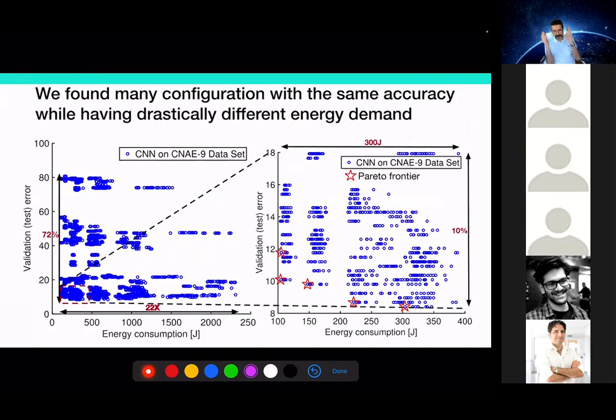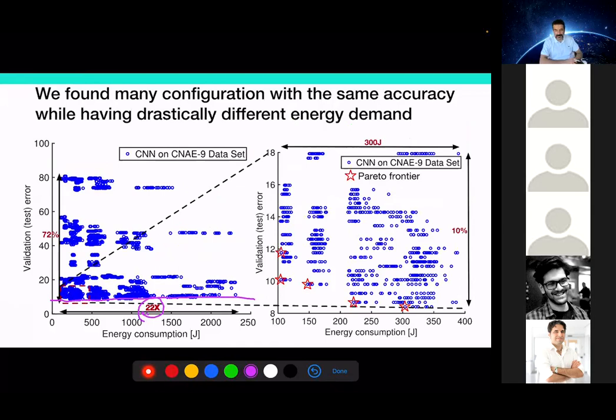And this is important for this type of system, again, to emphasize. For example, for deep neural networks, in this particular data set, we observed that we have a massive number of configurations that give us the same accuracy, but are massively different, up to 22 times different with respect to energy consumption.